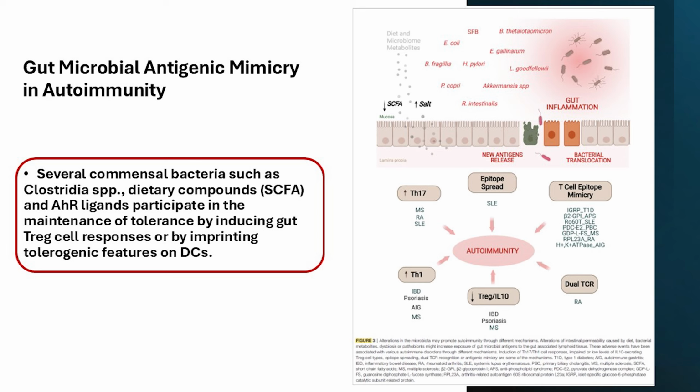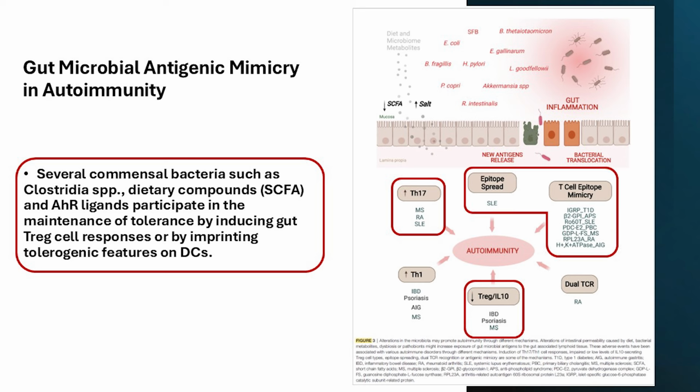And again, by yet another set of authors, we see an increase in Th17 listed with a few autoimmune diseases, certainly not comprehensive, and a reduction in regulatory T cells, also associated with a couple more. And lastly, as a transition, they have included into their autoimmune list of suspects this thing called epitope, or molecular mimicry. So let's dive into that.